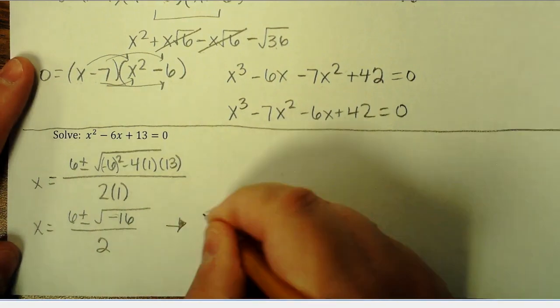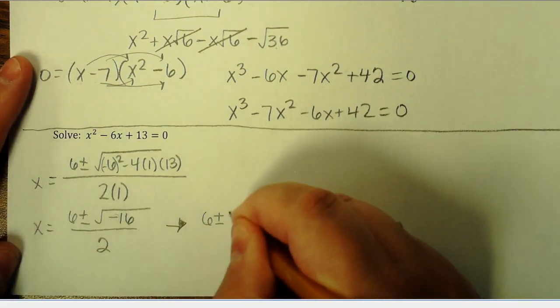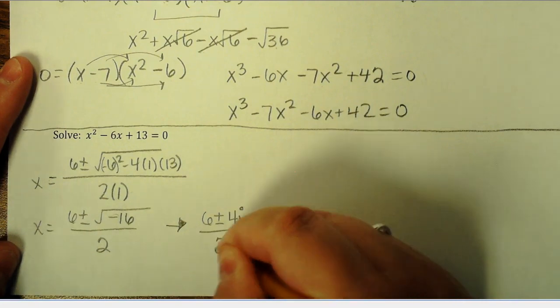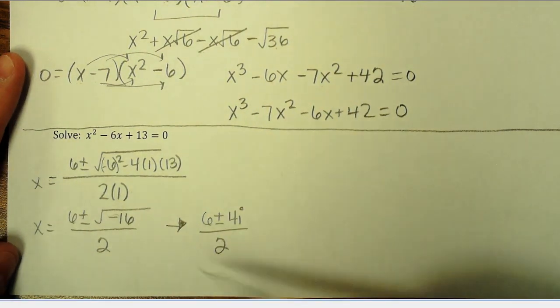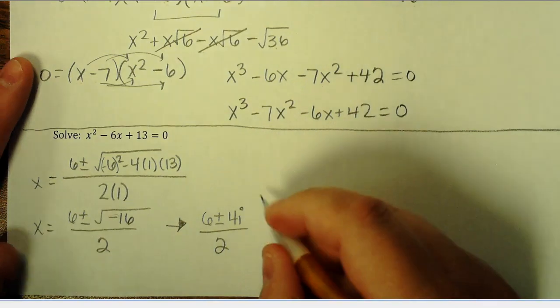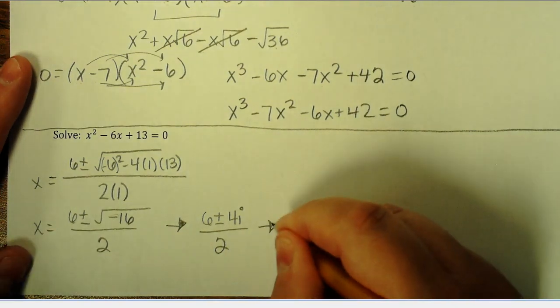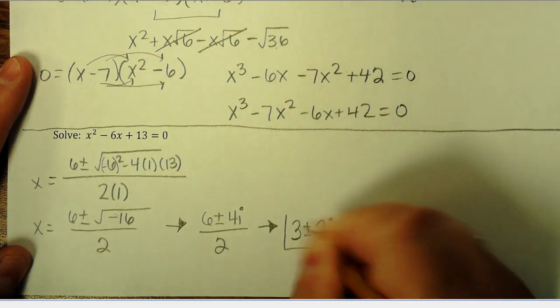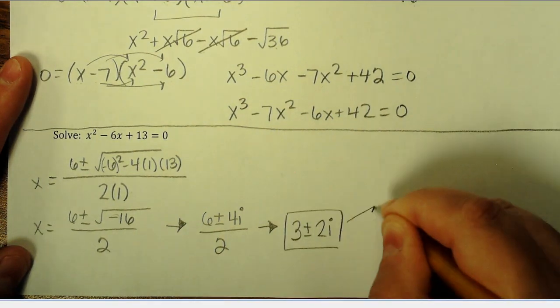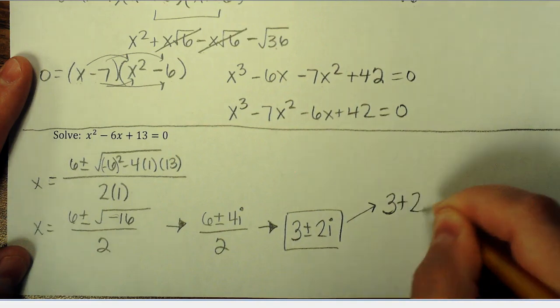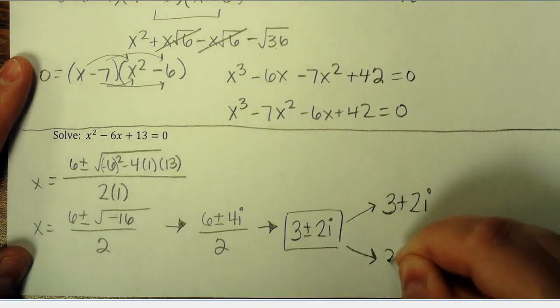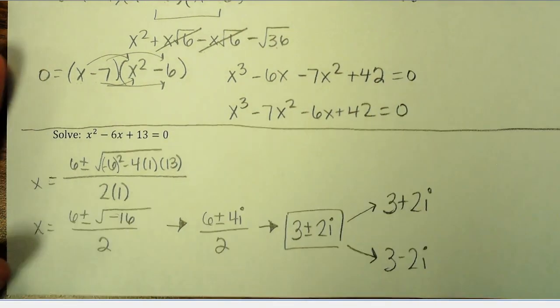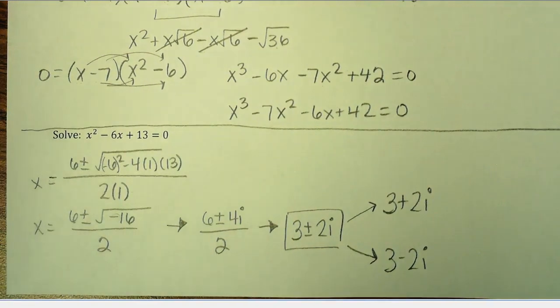We just take care of that with an i, so 6 plus or minus 4i over 2, and everything here is divisible by 2, so this can be further reduced to 3 plus or minus 2i. Now, you'll notice this is two different numbers, 3 plus 2i and 3 minus 2i. Those are the two roots, the two zeros, the two answers, however you want to say it, to this question.